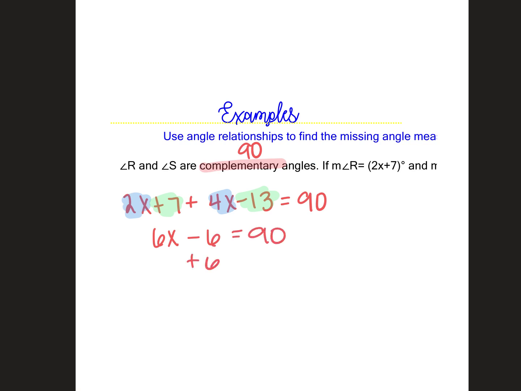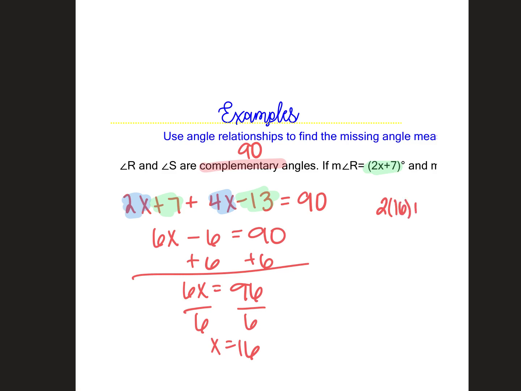We add 6 to both sides, and dividing both sides by 6, we get 16. Then it says find the measure of angle R, so we want to take our 16 and plug it in here. So 2 times 16 plus 7, which is 39.